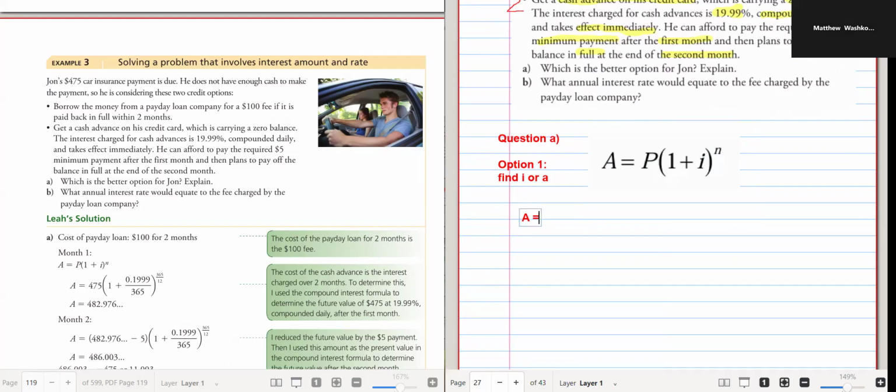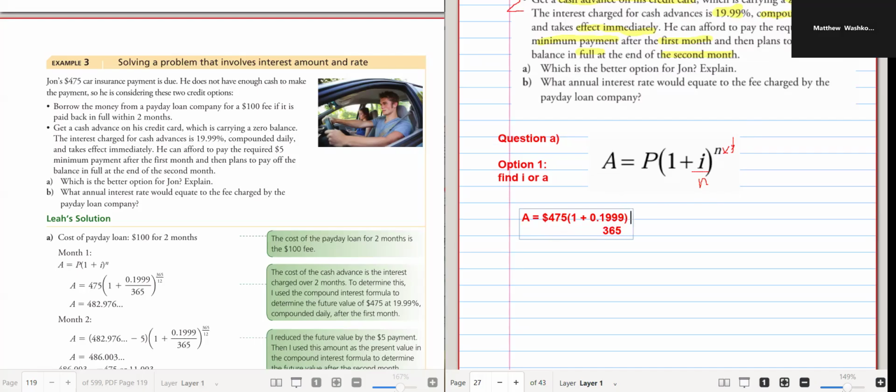So A, what's the principal? Substitute in $475. It's 1 plus, what's the interest rate? 19.99%. Now, it's not here, but you have to divide this by the n, and it's not here, but you times this by the t. So in this case here, I need to divide this by how many times it's compounded in a year: 365 times.